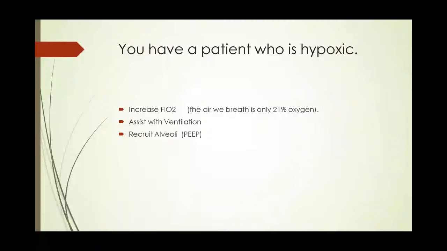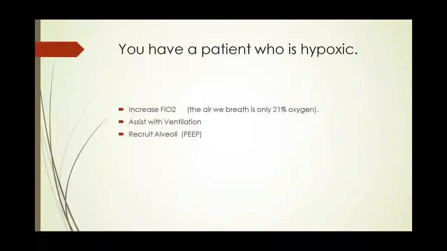And then also what you can do is assist with ventilation. Maybe they're not ventilating their lungs. So here, you could consider, do they need a breathing treatment? Sometimes we'll throw on steroids. Now that's not going to help immediately, but over a few hours it could make a big difference. Maybe they're not ventilating because they have a pneumothorax. Maybe they need a needle thoracotomy.